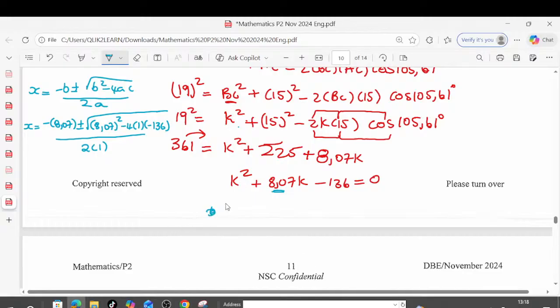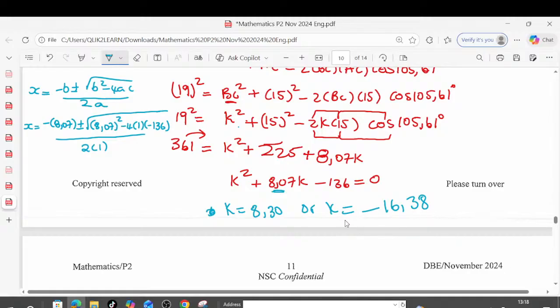Not x, K is equal to 8.30, or K is equal to the other answer we're going to get, a negative, which is the one that we need to reject. Exactly, this one is negative 16.38.